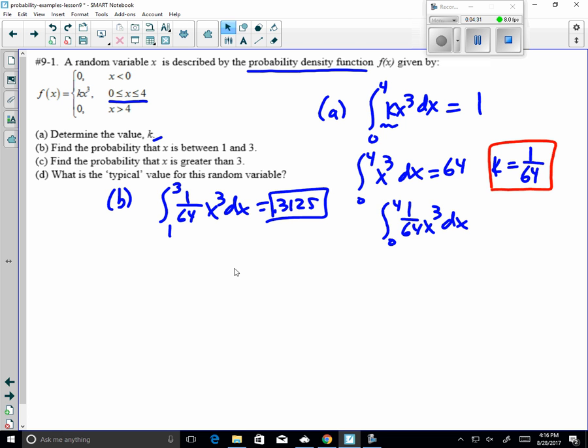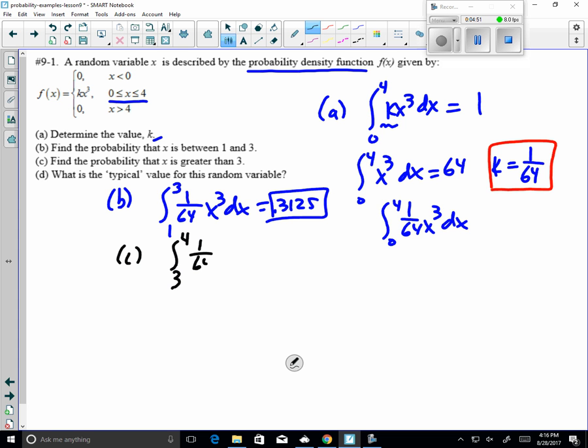If I wanted to find the probability that x is greater than 3, similarly we're going to take the integral. Greater than 3 means we'll start at 3, and we'll integrate up to the max value that we can have, which would be 4. We're not allowed to use this beyond 4.